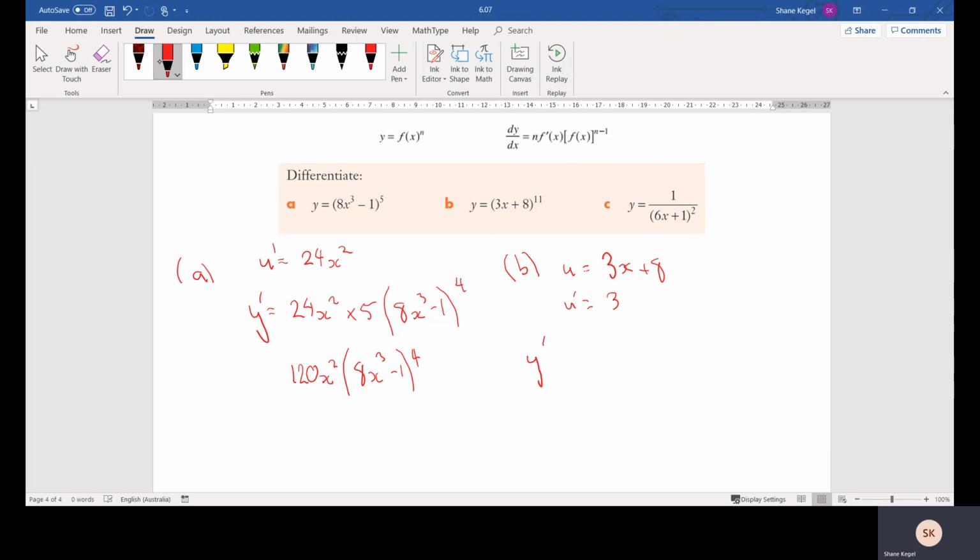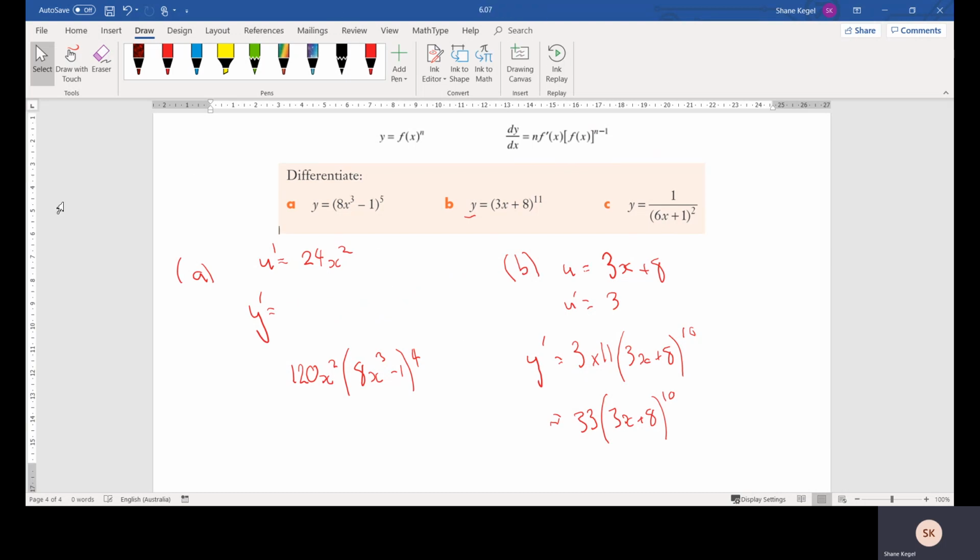So y dash, deriving this function, equals 3, and then bring the power down. Leave the brackets the same, and decrease 1 from the power. And then just simplify out the front. So that's 33, 3x plus 8 to the power of 10. Perfect.